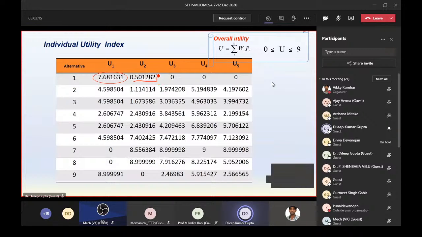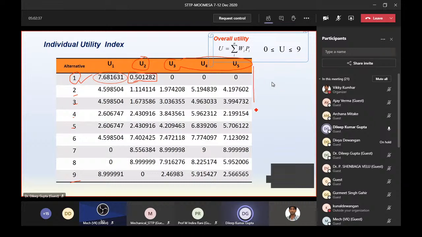This is another value of the utility index or preference number with respect to the first alternative and second criteria. Similarly, for the third, fourth and fifth criteria for the first alternative can be calculated, and respectively you can calculate for 2, 3, 4, 5, 6, 7, 8, 9 criteria.